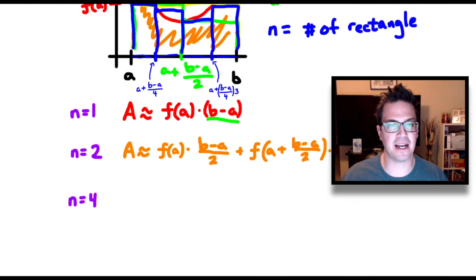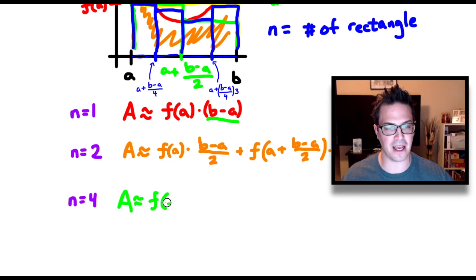All right, so now we're going to find the area approximation using those 4 rectangles. So I'm going to go right here. I'm going to write A is approximately equal to, all right, this first one is still going to have that height of f of a times, they're all equal width, so that base is going to be b minus a over 4.